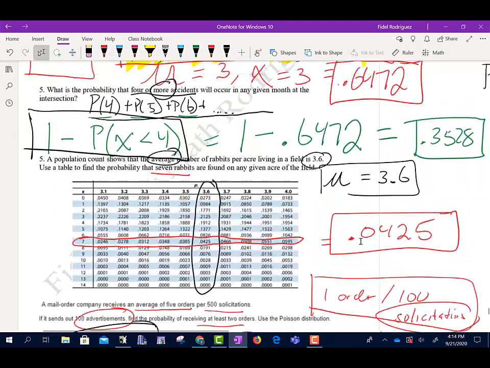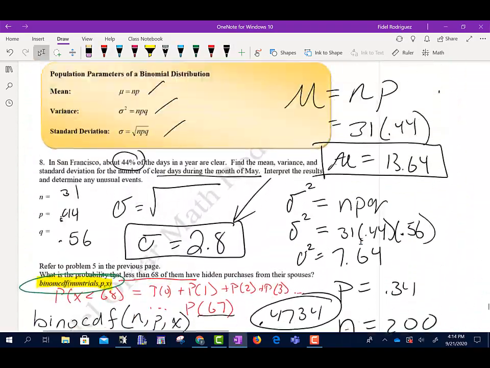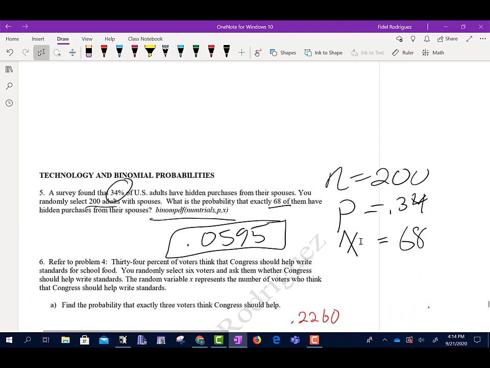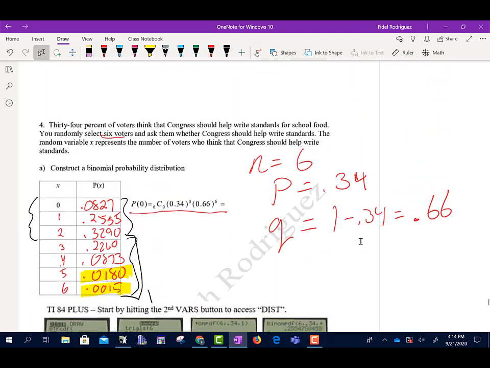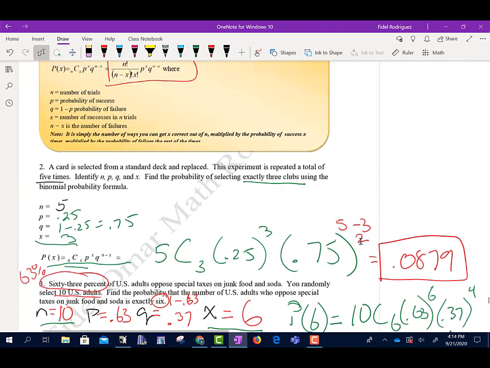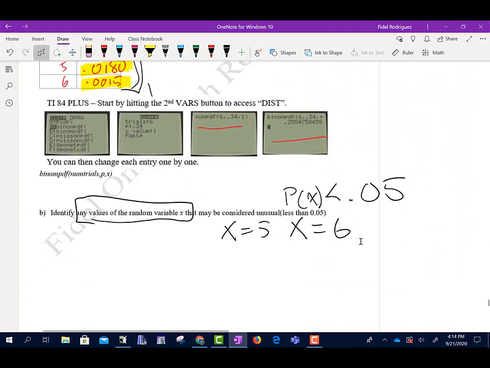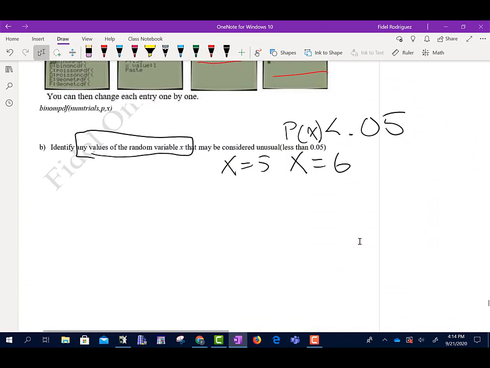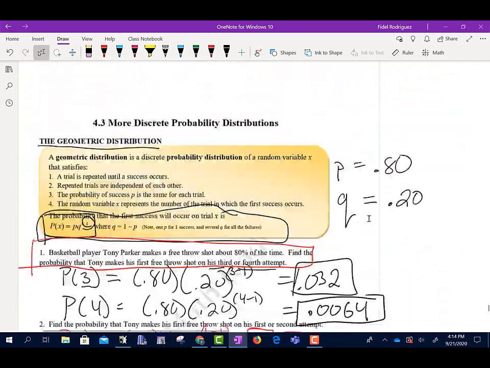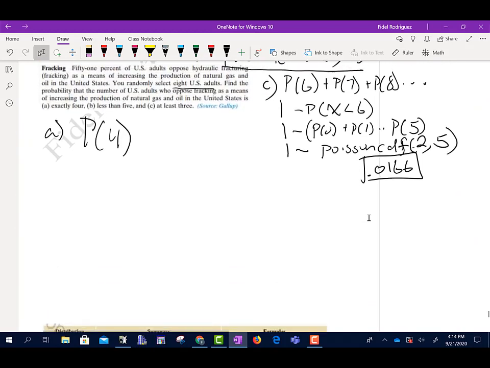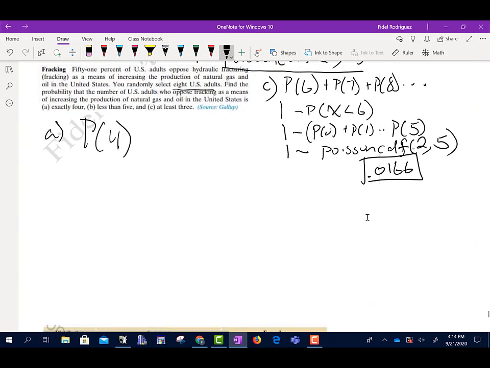So binomial we actually did in 4.2. So I'm going to scroll back up here, and we're going to figure out how we do this in 4.2. Okay, but we did it using our little formula. Here we go. So remember, I'm going to highlight it right here first so we can see. So binomial PDF will have the number of trials, then our probability, and then our x value, right? So let's come back down here. There we go. Okay.